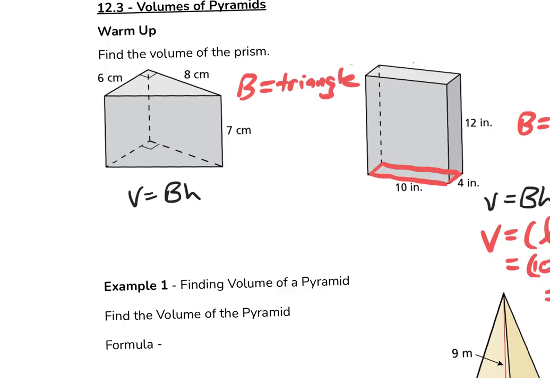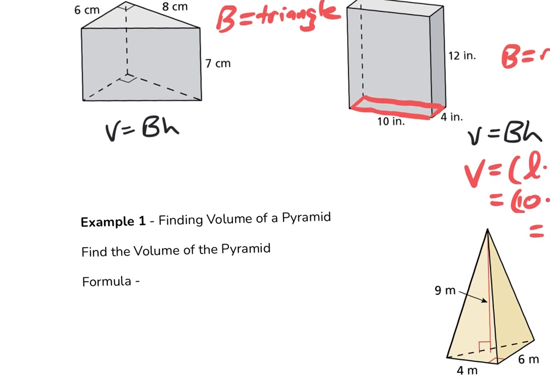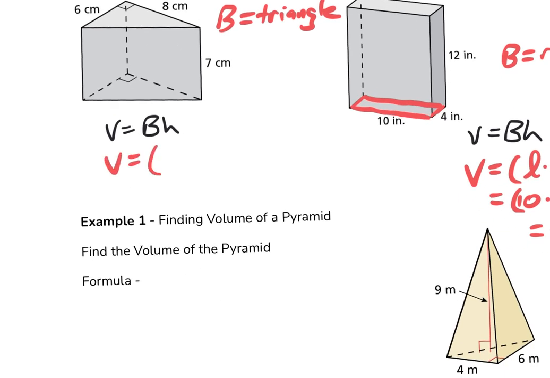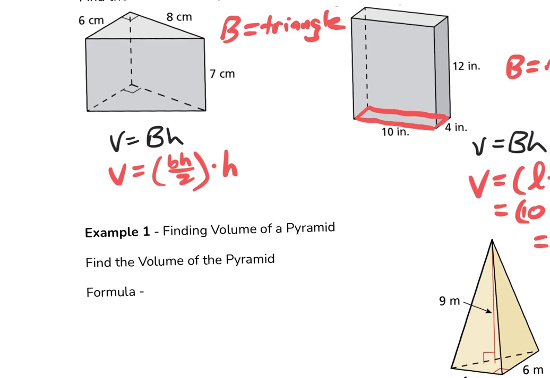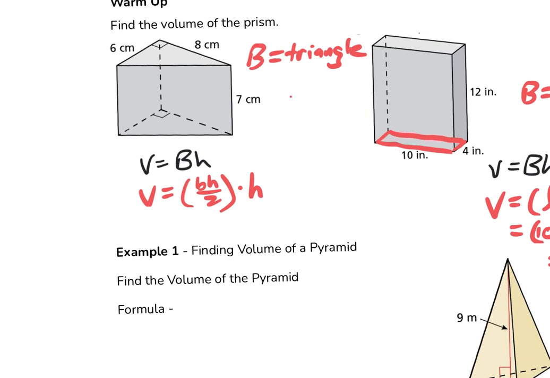Okay? That's why you have to identify what that base is. That's really, really important. So when I write this formula out, I'm going to do the formula for a triangle, multiply it by the height of the prism. Okay, if it helps you, redraw it.